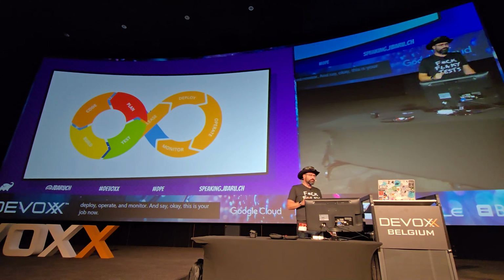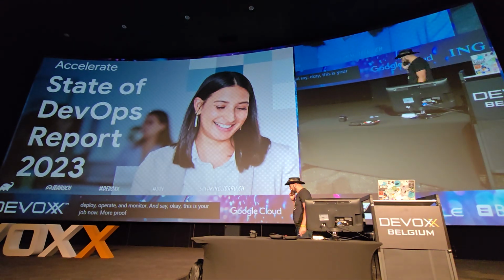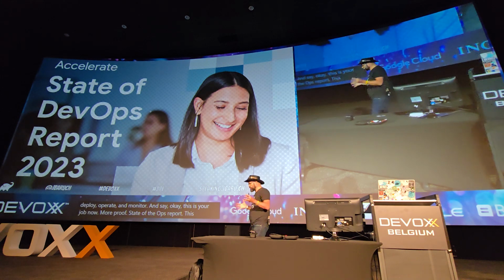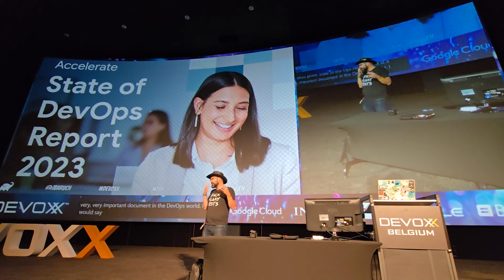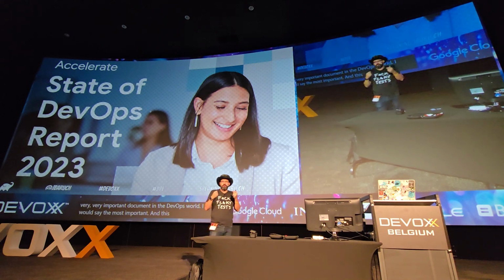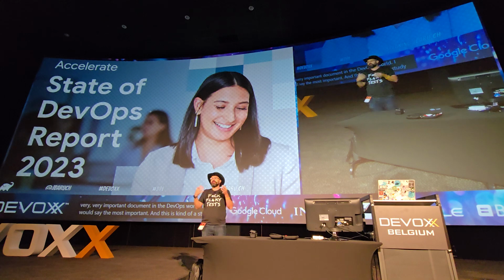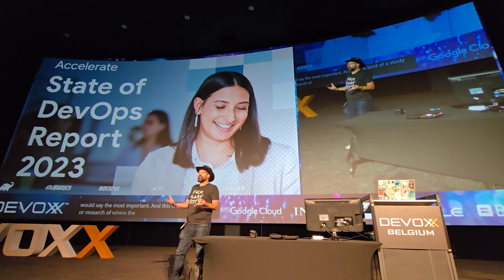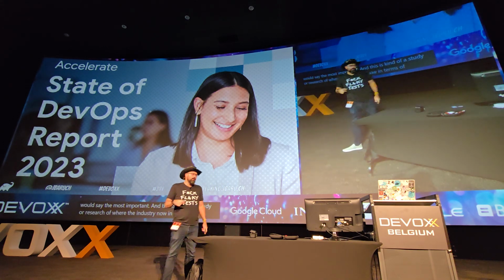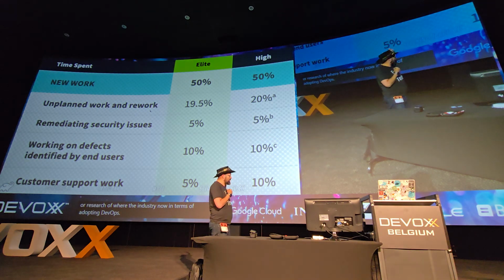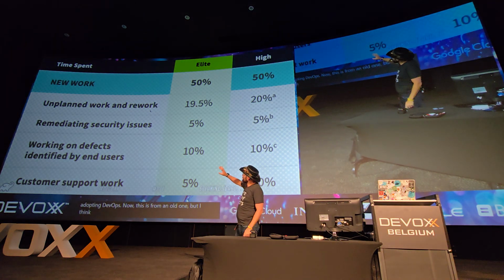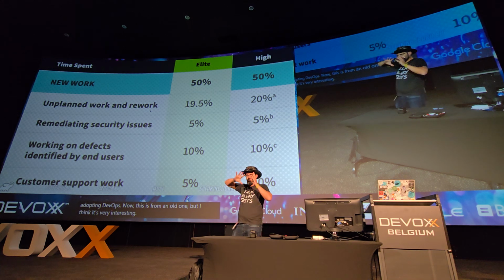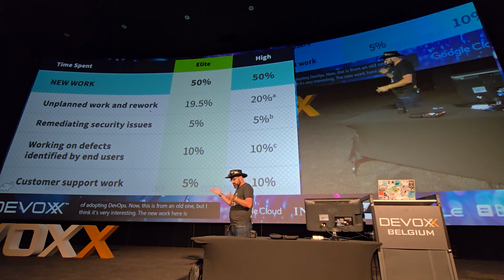More proof. State of DevOps report. This is a very, very important document in the DevOps world. I would say the most important. And this is a study, or research, of where the industry is now in terms of adopting DevOps. Now, this is from an old one, but I think it's very interesting. The new work here is in bold and highlighted for a very good reason.